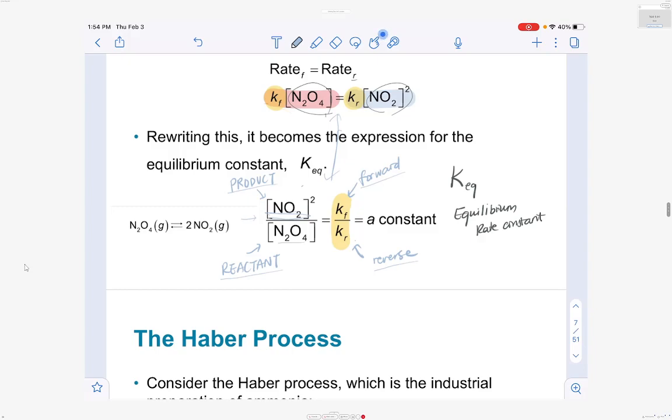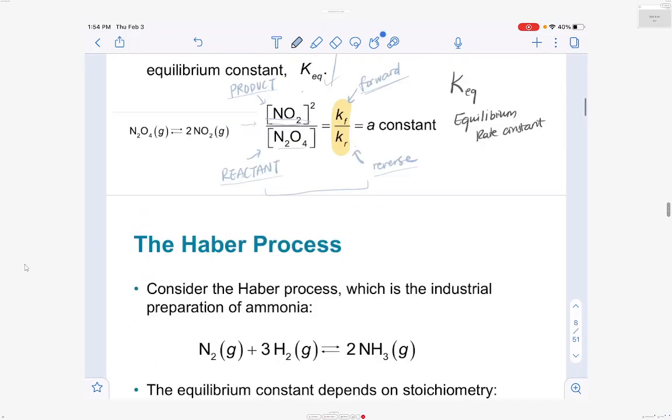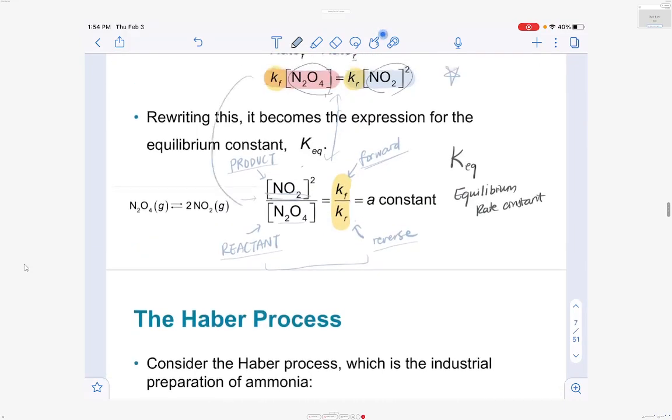If you're expressing it using the rate constants, forward reaction is going to be in the numerator and reverse reaction in the denominator. If you don't want to memorize this, this is what you have to memorize, because you can always deduce this from this expression.